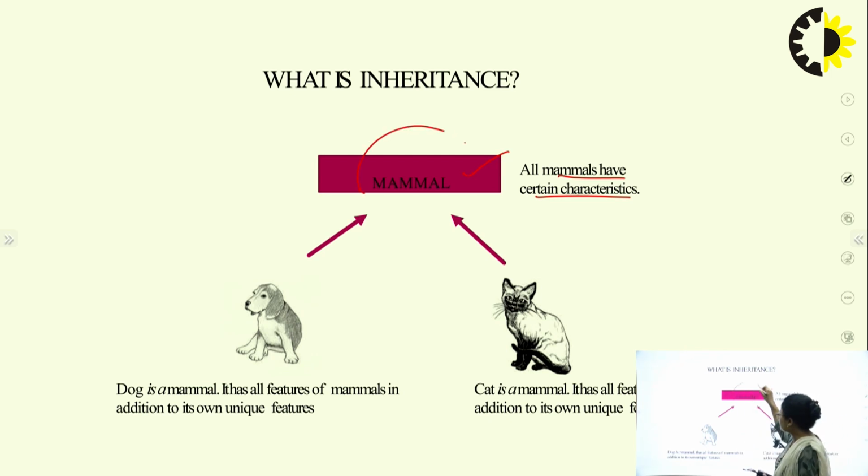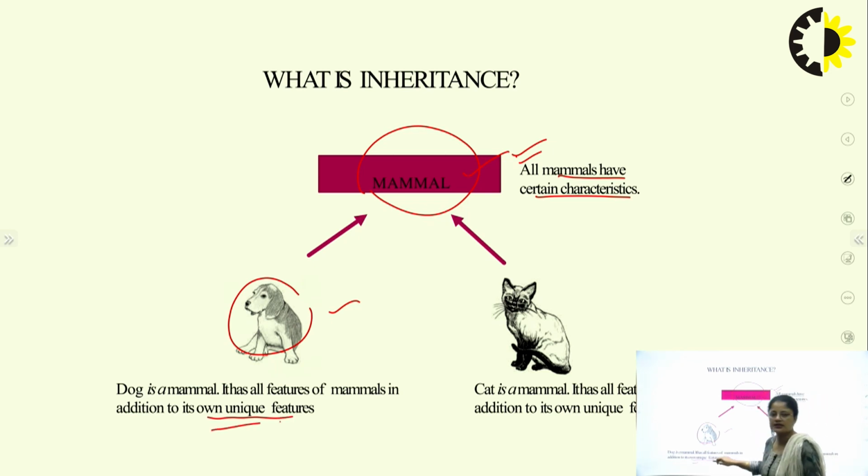So we have a class mammal, and we have dog, which is a mammal. What are the characteristics of dog? It will have all of the features of the mammal. In addition to that, it will have some extra unique features. For example, it will have a strong sensory organ for smelling, which is very specific to dog.